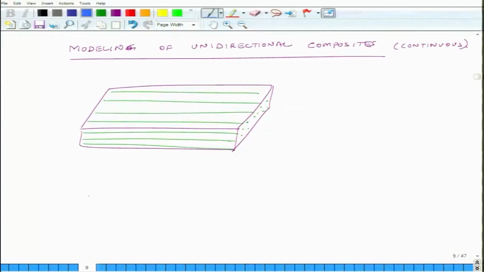So, when we talk about unidirectional composites, or a single layer which has fibers running only in one direction, then the axis system which we refer to is always the material axes of the system. So, these are our reference axes, material axes.